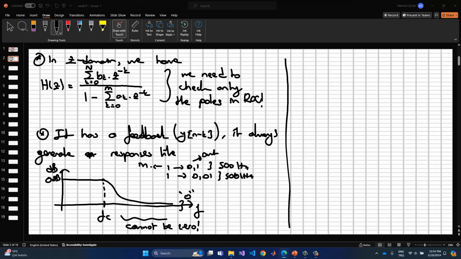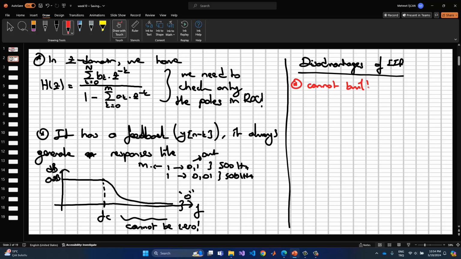Okay, and so in the IIR filters we can list the disadvantages in here. Okay, first of all we need to write that we cannot easily build linear phase, which causes a timing problem in here.